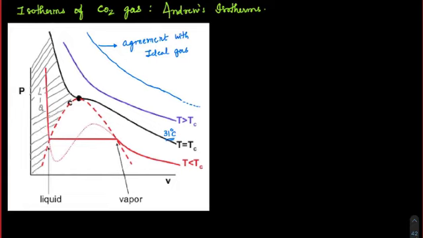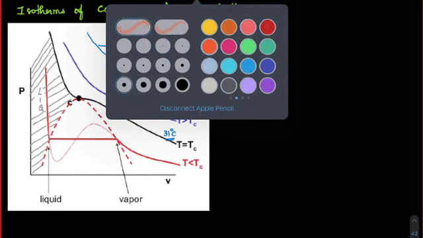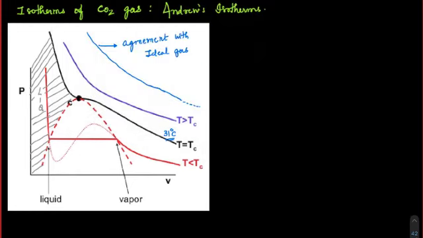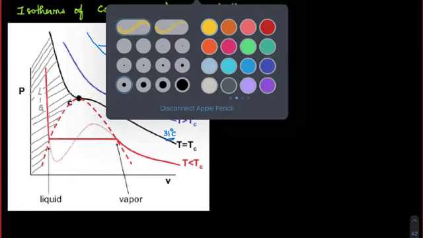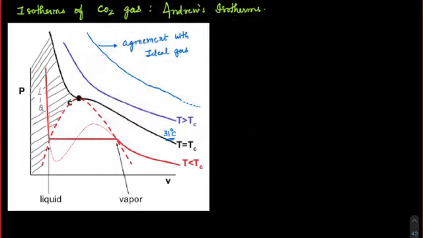And this entire zone on this side is actually an ideal gas zone, which means it is a gas zone.